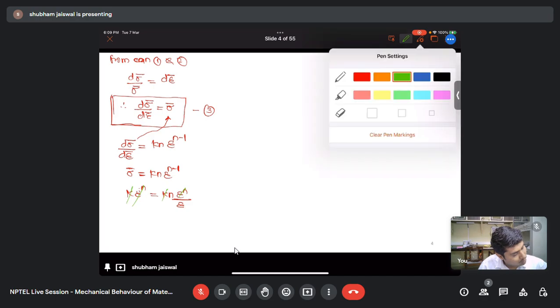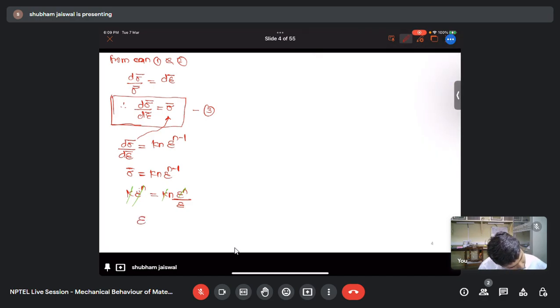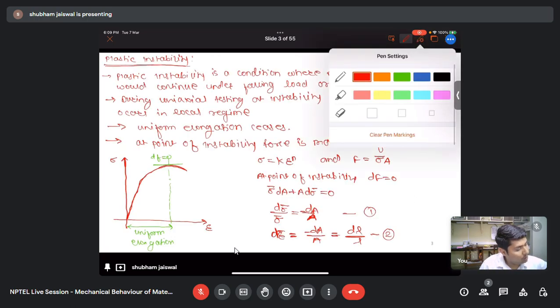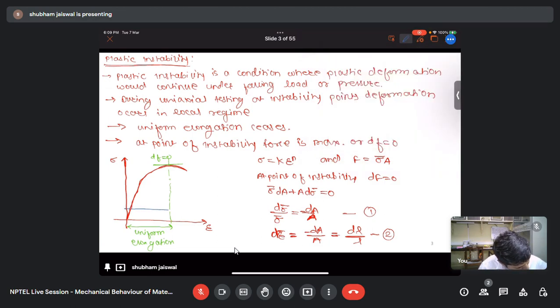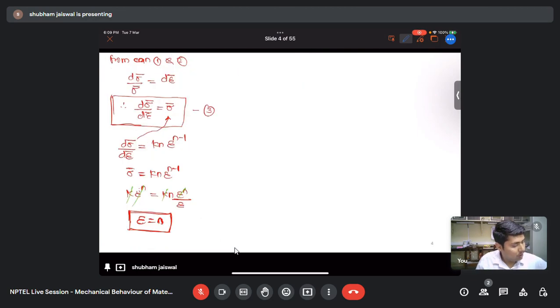So our exponent n should be equal to the uniform elongation. If I show here, epsilon is equal to epsilon u. Okay. So from this, what we can say is that as the value of n increases, the total elongation increases. And why will the total elongation increase?